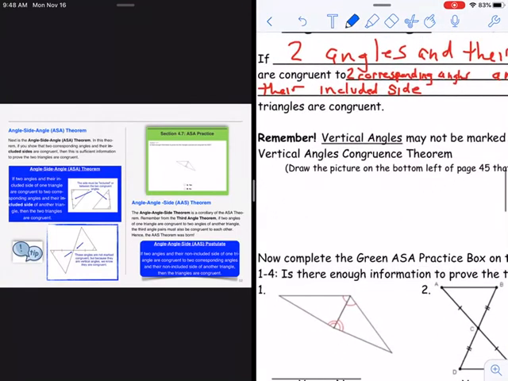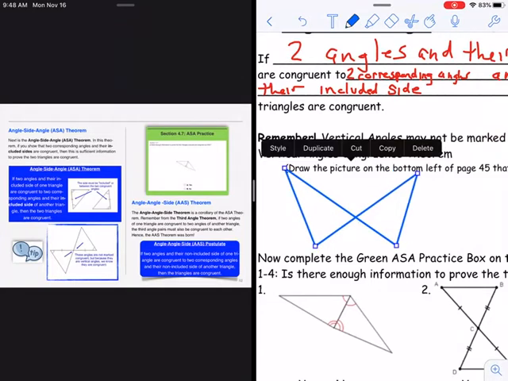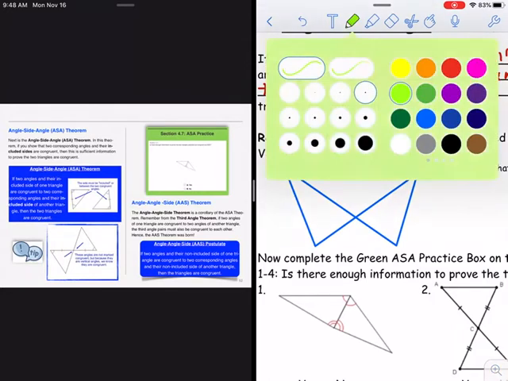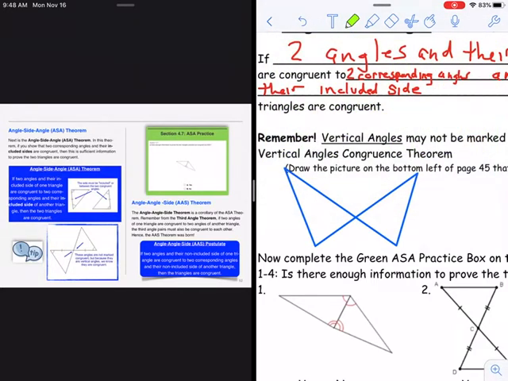All right, so you might see something like this. I didn't do a great job of drawing. What am I talking about? I did a phenomenal job drawing this. And this might say this angle and this angle are congruent, and this side are congruent. So it might give you an angle and a side.